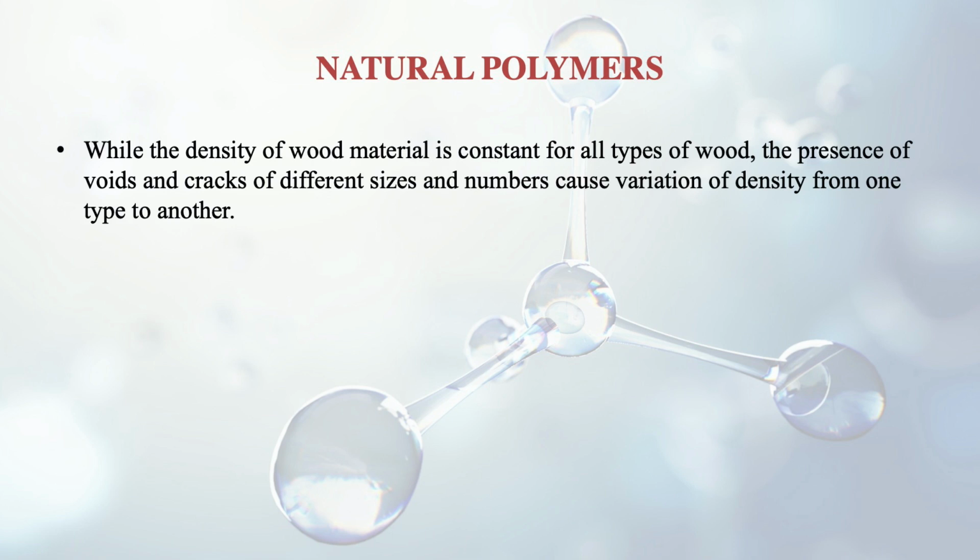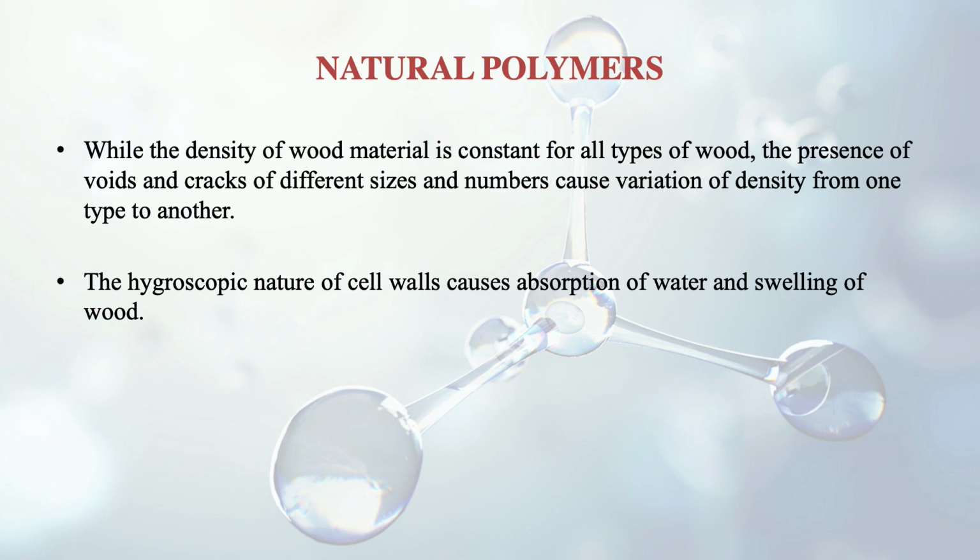While the density of wood material is constant for all types of wood, the presence of voids and cracks of different sizes and numbers will cause variation of density from one type to another. So there will be a certain number of voids and cracks, and generally we take the density to be constant, but in reality it is not so, and it can vary for different kinds of wood, like sesame wood or mango tree wood.